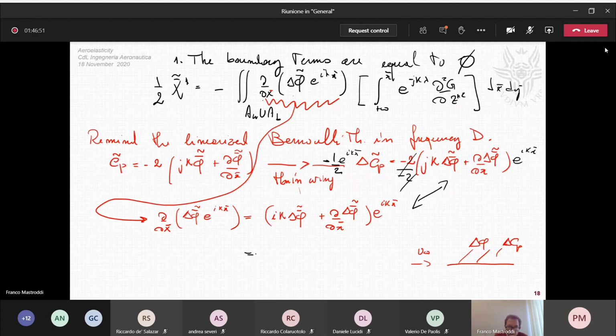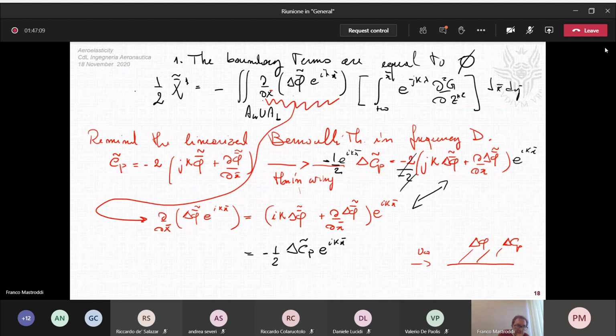And therefore, this quantity here is minus 1/2 delta Cp by e to the power ikx. And this is a very, very good news.